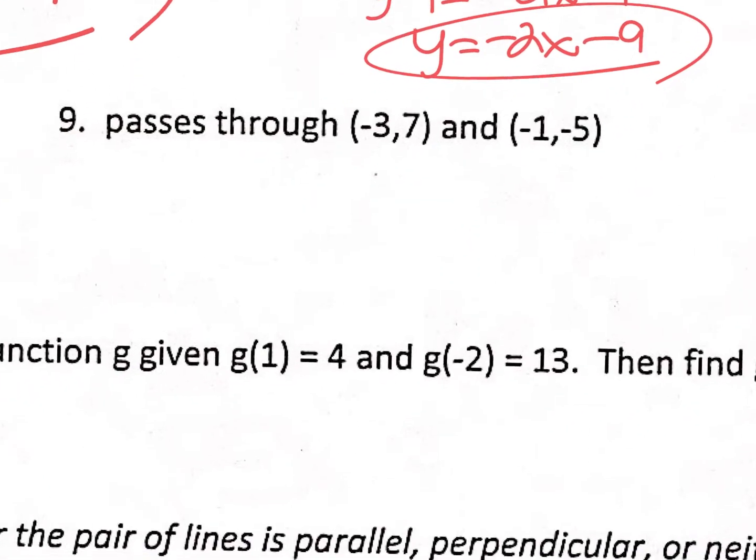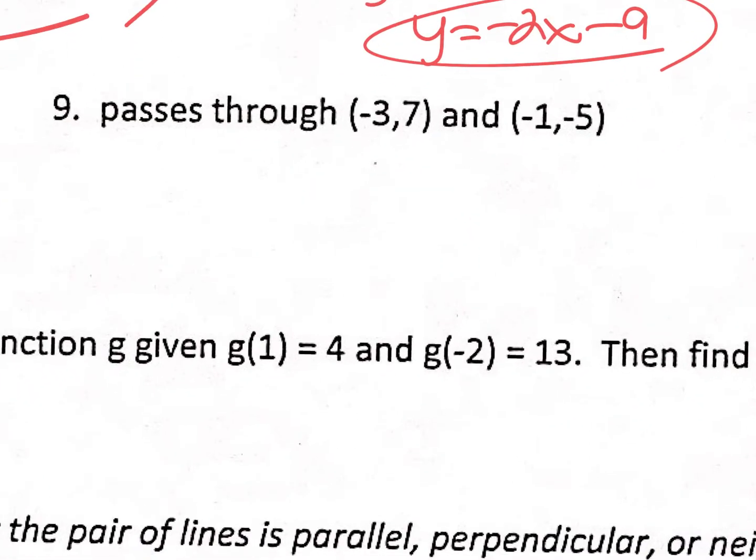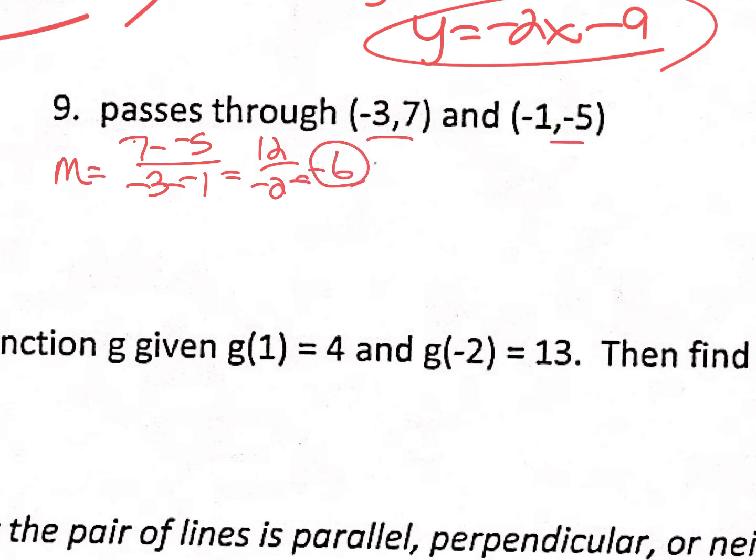Number 9, a little more work this time. This time they're giving you 2 points, so you got to find the slope first. So just like we did up there at the top of the page, I'm going to do y minus y on top, x minus x on the bottom. This one I'm going to get 12 up here, and looks like -2 down here, so my slope is -6. So there's your slope. You can pick either point you want to. I'm going to pick the second one.